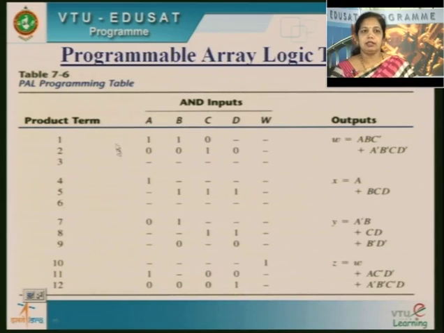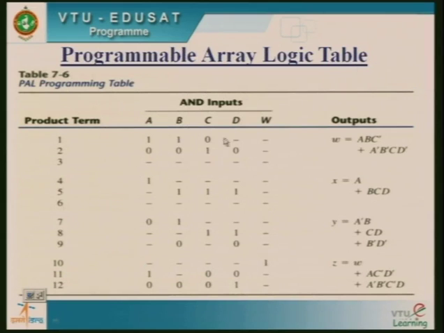You can see in the table we have the variables A, B, C, D. For the first function we got this equation: A B complement, A B C complement, and A complement B complement C and D complement. These are the AND inputs to the W function.